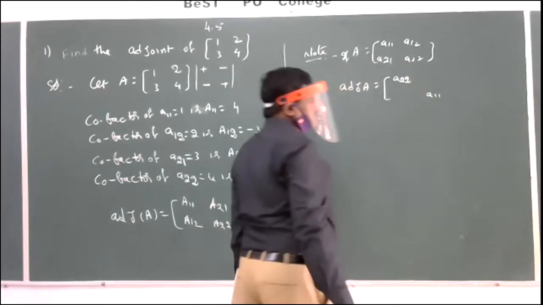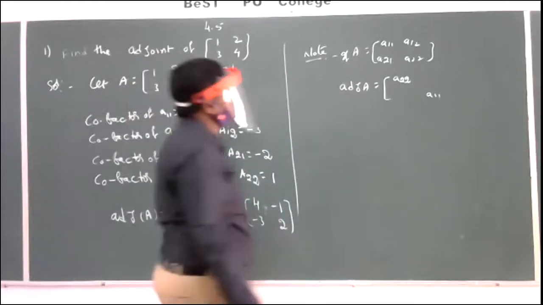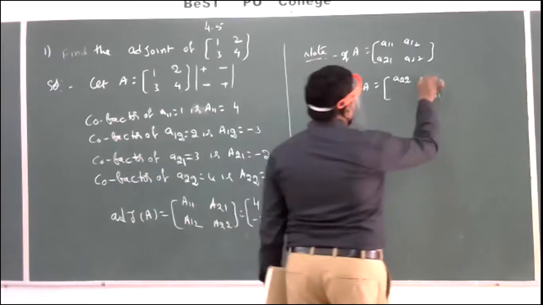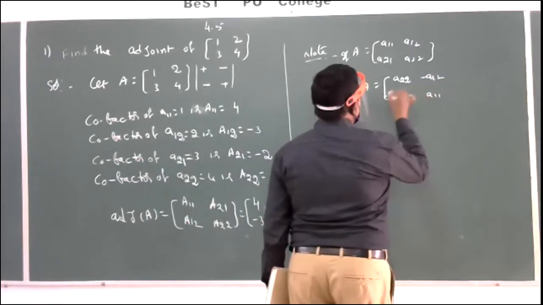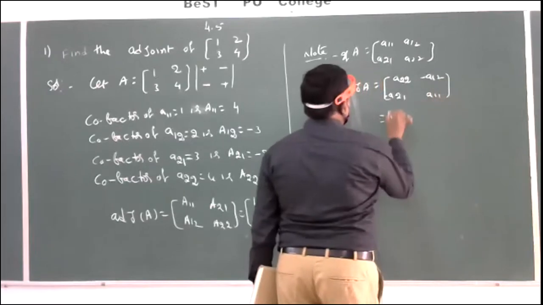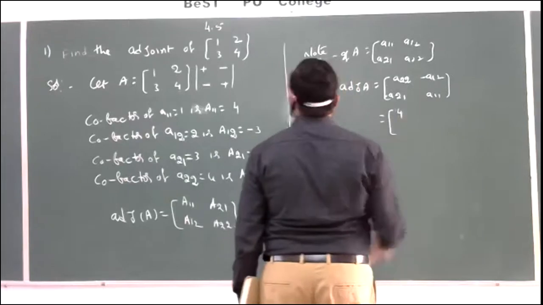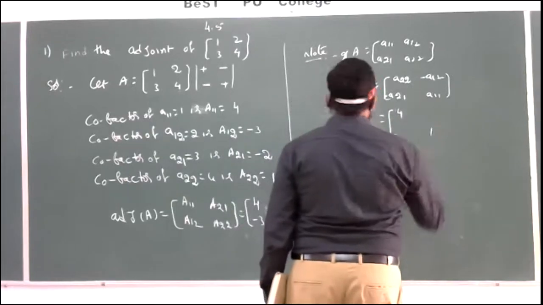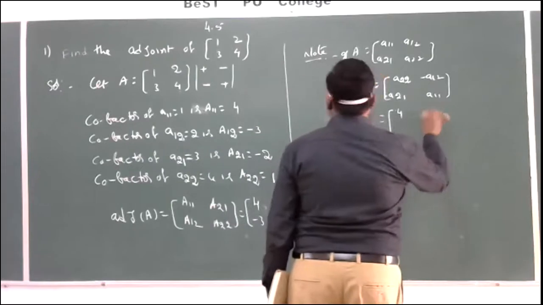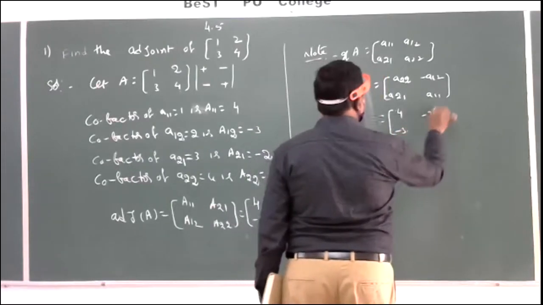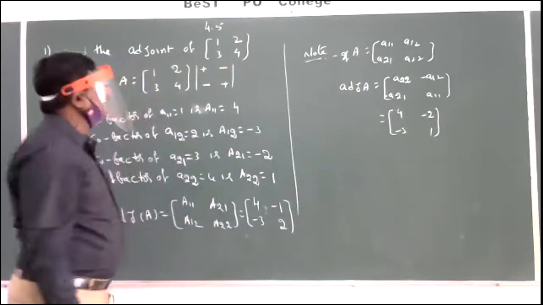Interchange the principal diagonal elements and change the sign for the remaining elements. This is equal to A22, that is 4, and 1. Change the sign for the remaining two elements, that is minus 2, minus 3. It is the adjoint of A.